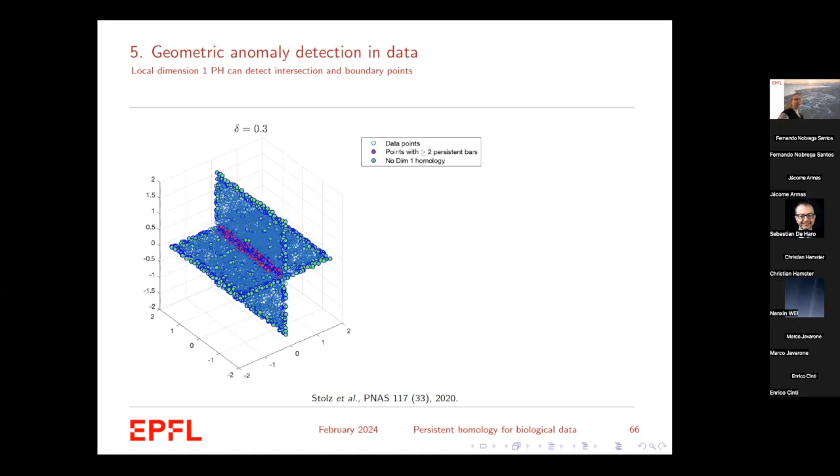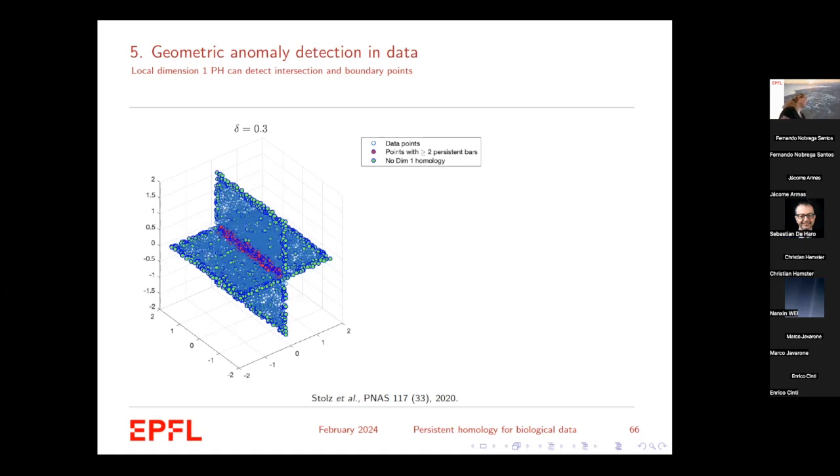If you think just about this example and start building a sphere from the inside outwards, you would just have a connected component, right? So you wouldn't really have any dimension 1 signal. You wouldn't necessarily have it, but there are certainly cases where you could.